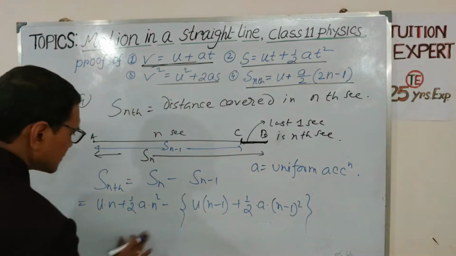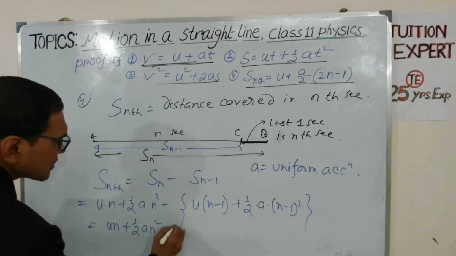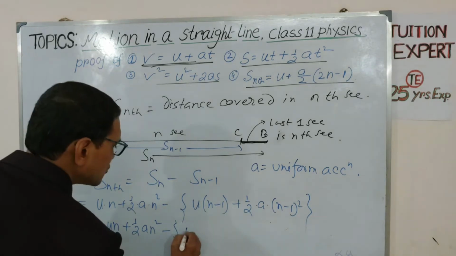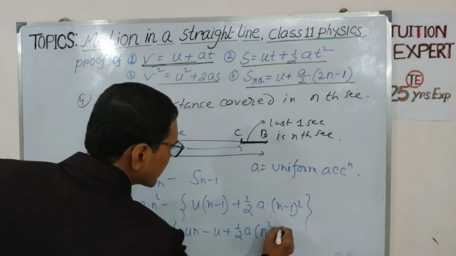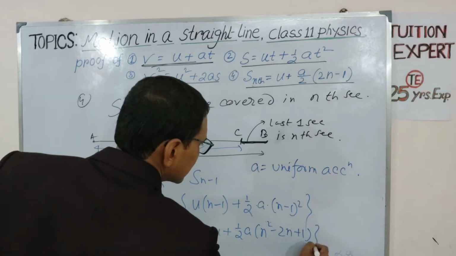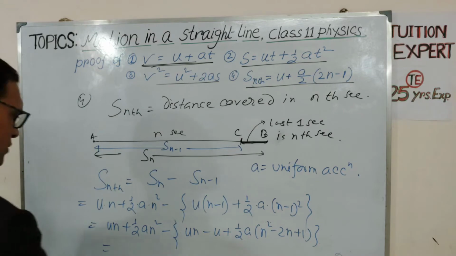Now this is equal to Un plus half n square minus, this equals Un minus u plus half a n square minus 2n plus 1. So cancel Un.